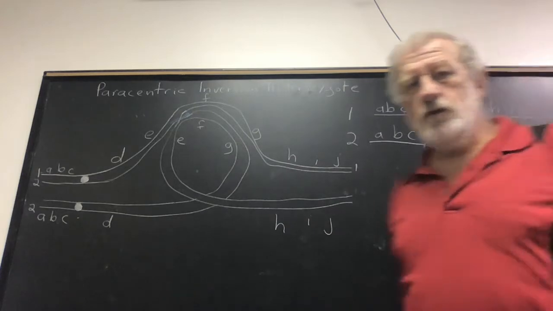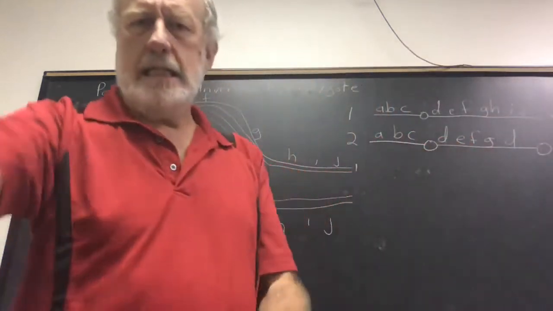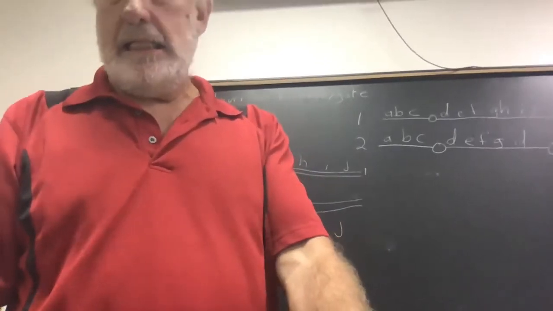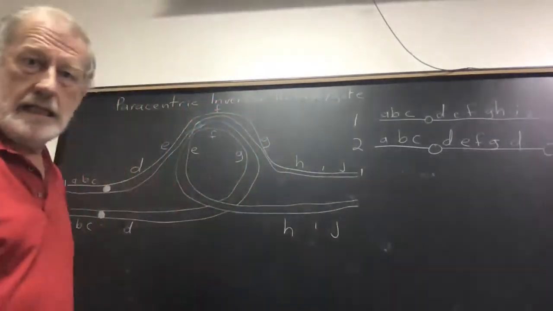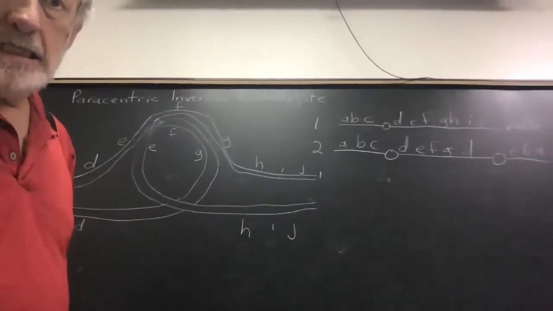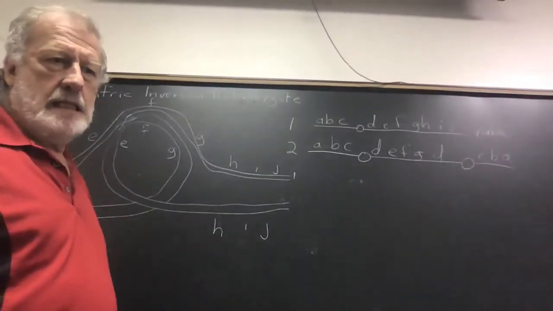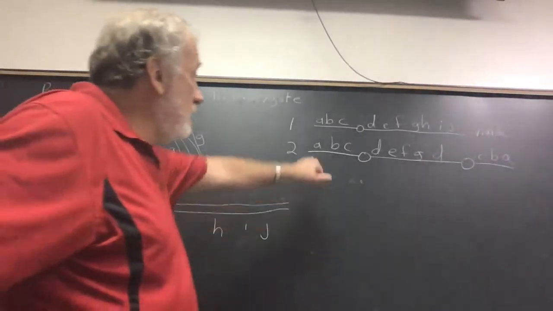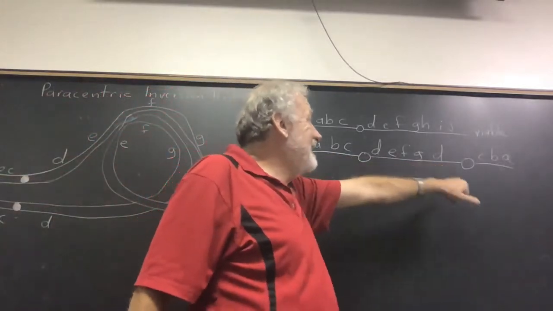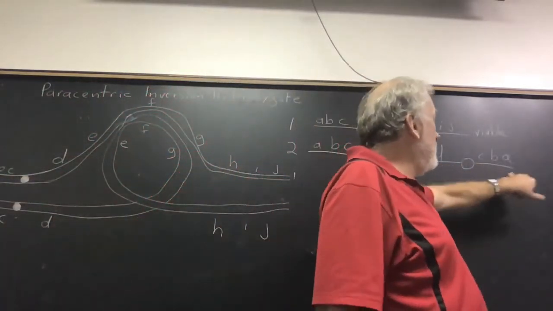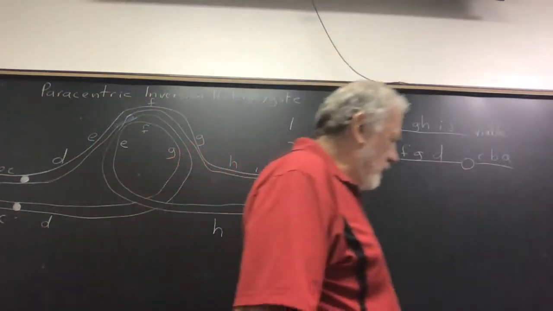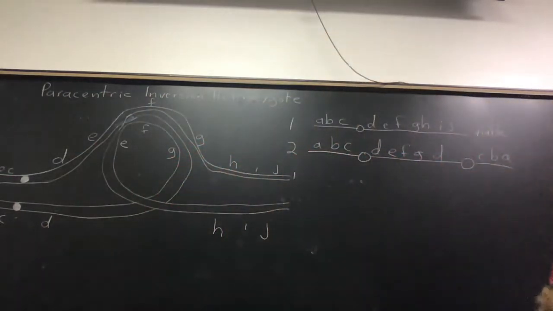So its gene order is ABC, centromere D, E, F, G, D. Second centromere is CBA. So this is a dicentric chromosome, and of course, it's got some deletions and duplications.